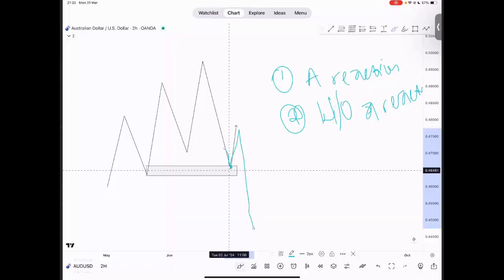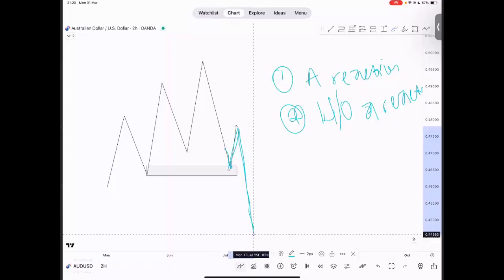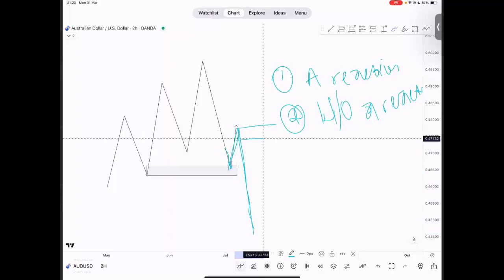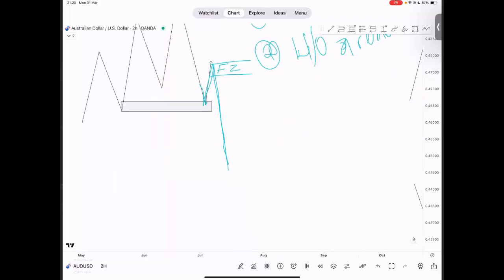This obvious reaction before failure creates what we call a flip zone. A flip zone is like a supply level being created from a demand failure, or a demand level being created from a supply failure, something like this now.